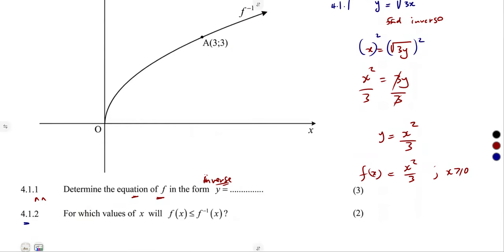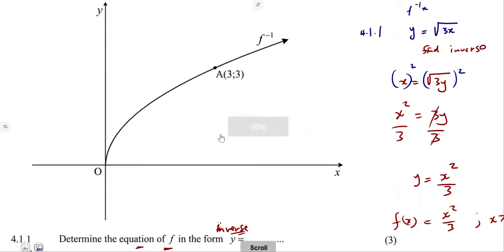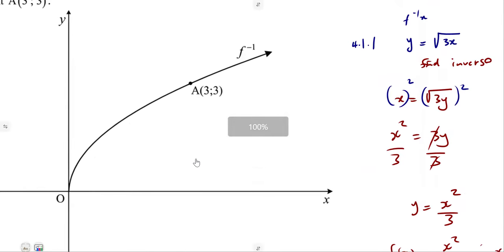We can even check this, guys, graphically, because we have got the inverse there. Remember the condition of the inverse to its original function. It is going to be drawn along the line y is equal to x. And on the line y is equal to x, there's something about the point (3, 3). The point (3, 3) lies on the line y is equal to x. When x is 3, y is also 3.